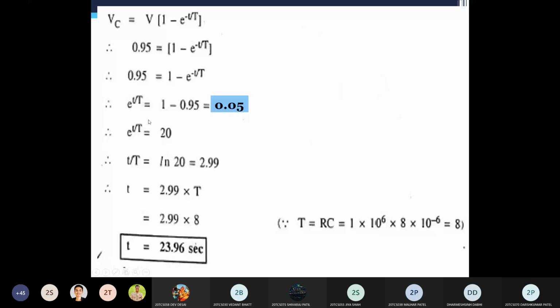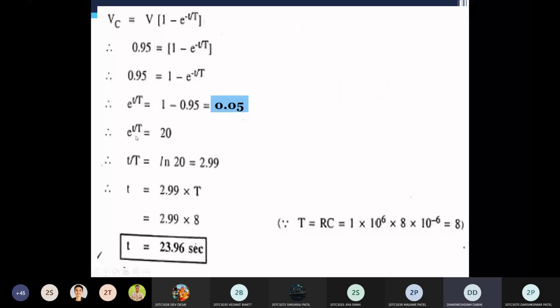Here it is a printing mistake. It is e raised to minus t upon T, not plus t upon T. So correct this error and write down e raised to minus t upon T is equal to 0.05.